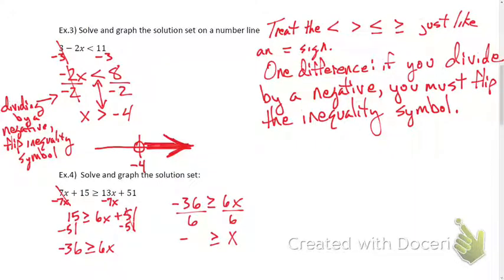And we end up with -6 is bigger than or equal to x. Solid dot. That means x is smaller, so I shade to the left. All right, let's do a couple more.